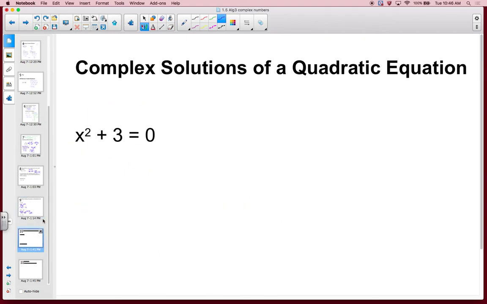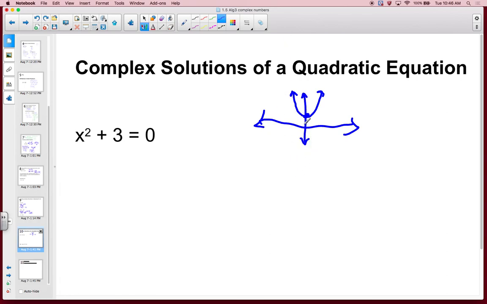Okay, and then finally, finding complex solutions. So this is the one where if we are looking at a parabola, this is just telling me to go up 3 units. If you notice here, it's not crossing my x-axis at all.